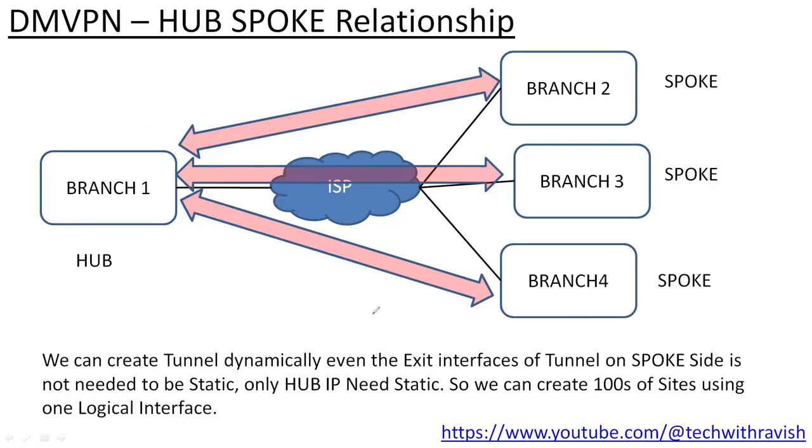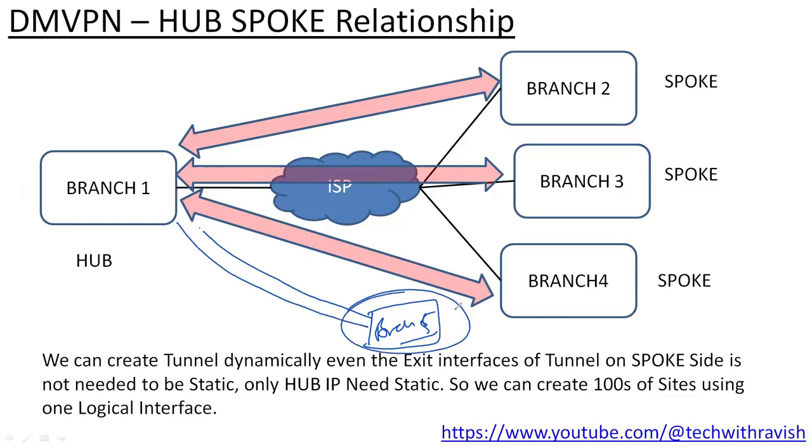If we want to extend our network, like if I want to connect branch number 6 or branch number 5, when we connect branch number 5, we need to do the configuration only on the spoke side. We don't need to do a big complex configuration on the hub side.